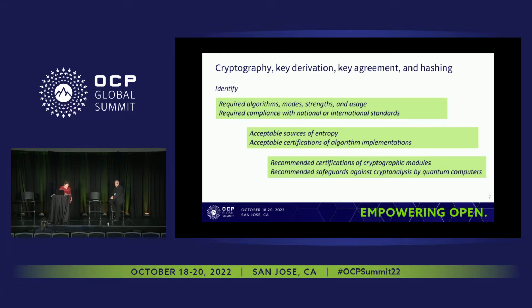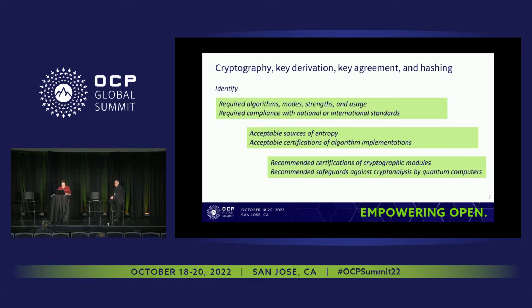So let's start with the template itself. So if your product uses cryptography, key derivation, key generation, key agreement protocols, hashing, you should identify any of the algorithms that you are going to require, what modes they should operate in, what strength, RSA 2048, RSA 4096, and how it should be used.